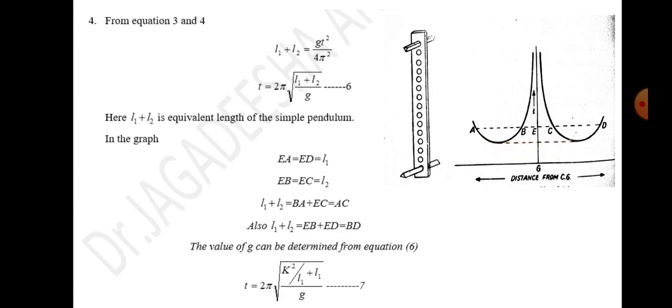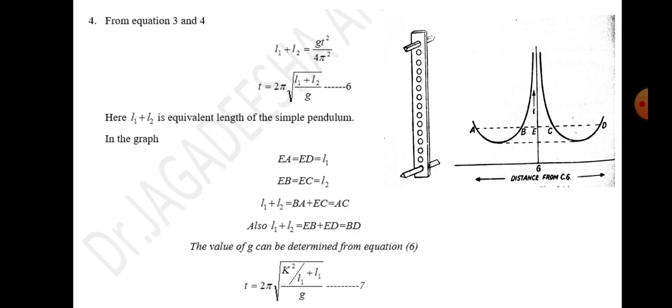Further, L1 plus L2 is equal to EB plus ED, that is BD. Hence the value of g can be determined from equation 6.